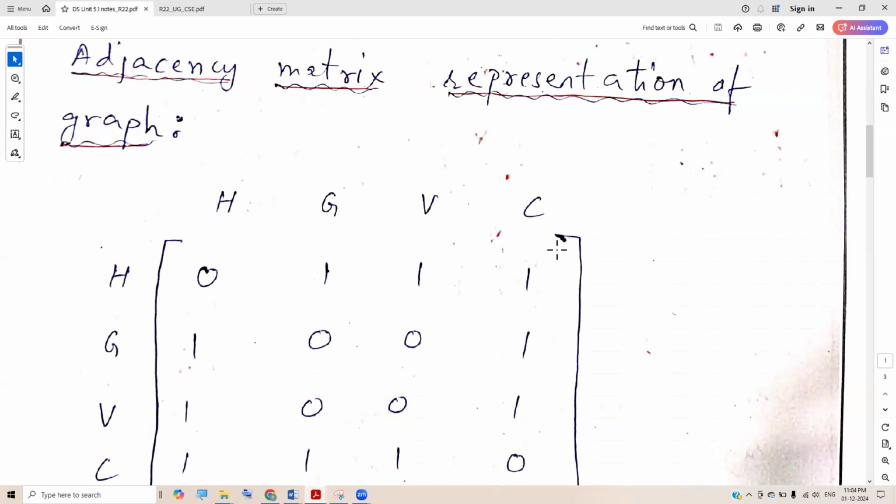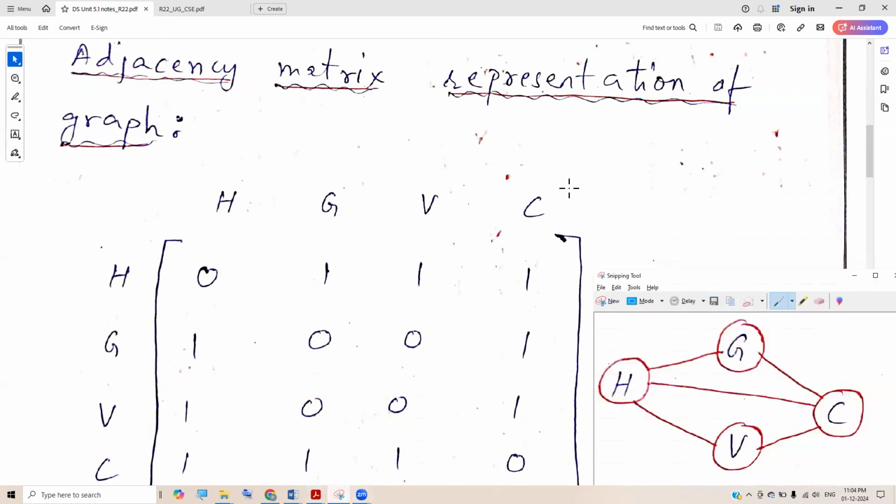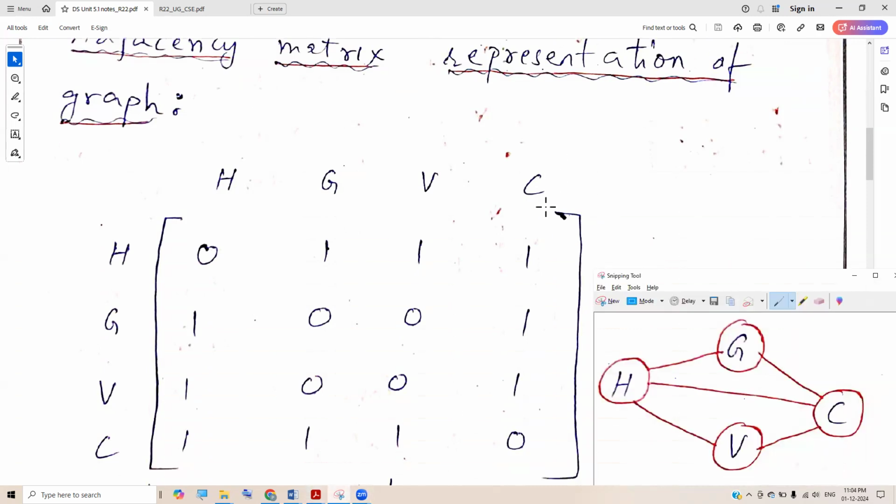Let us understand adjacency matrix representation. For your convenience, the same graph is shown at the bottom right of the screen. So here, what are the links that are connected from H?